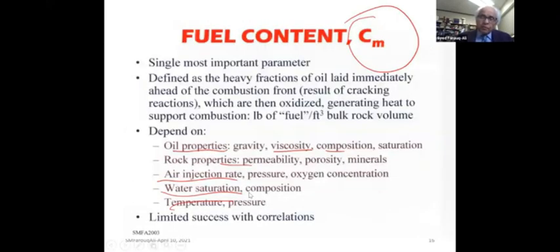It's expensive, but you have to do it. So fuel content will typically be of the order of 1 to 3 pounds of fuel per cubic foot of rock. In terms of SI units, it will be approximately 30 times that number.